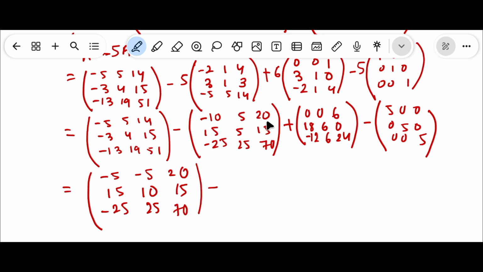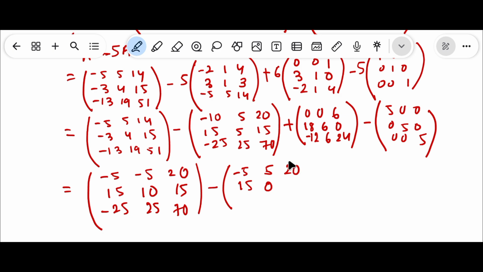And let us add these two. Therefore we are getting minus 10 5, that is minus 5. Then we are getting again minus 5. Here we are getting plus 5. Then 20. Then we have 15 0.